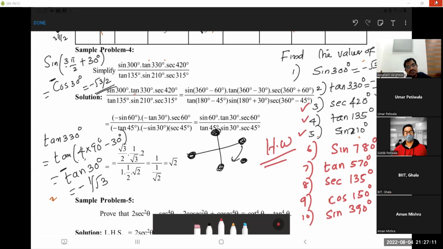We will do some more questions based on this, then only we go for other identities. Please practice 2 to 3 times so that the formula will be clear: how to find which quadrant it lies in, how to put the sign, and what will happen when n is even and when n is odd.